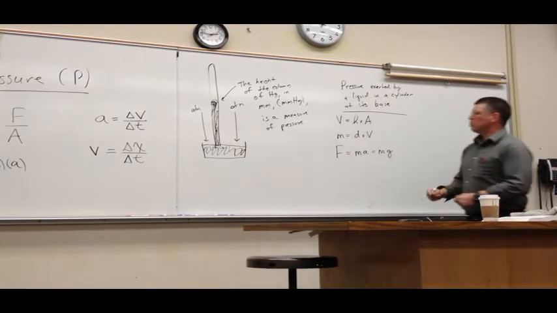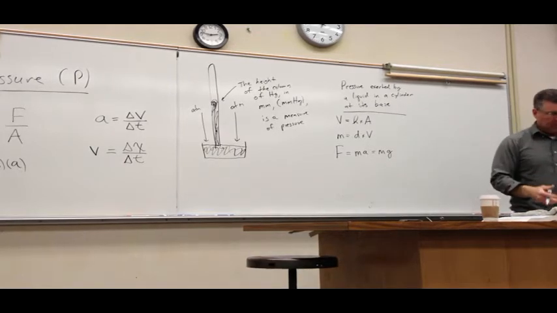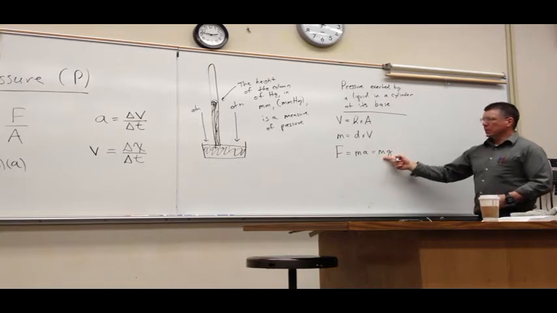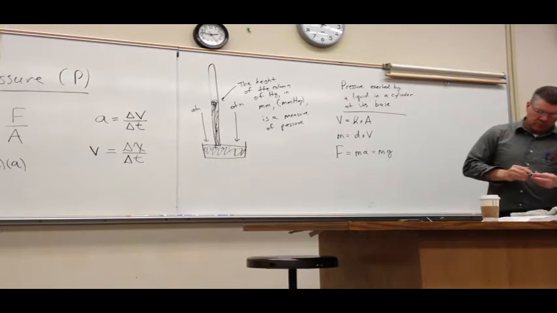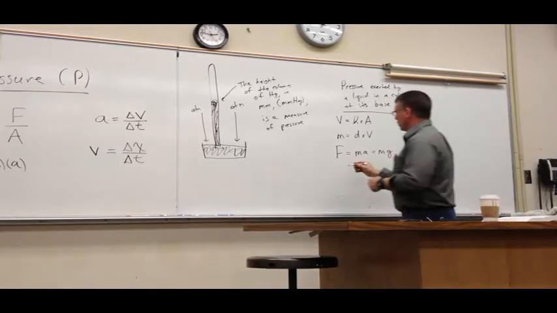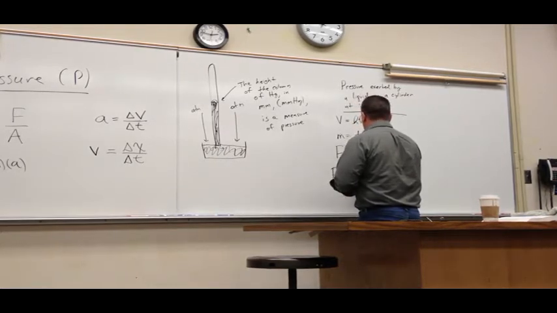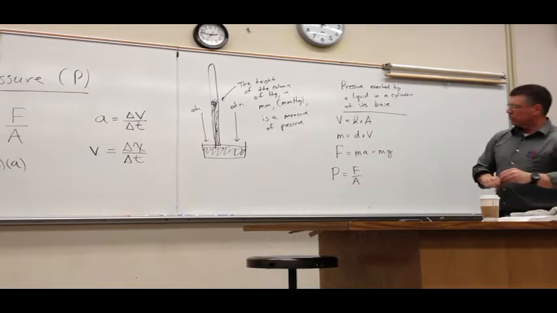The force applied by that liquid at the base of the cylinder is mass times acceleration. And here the acceleration is due to gravity, so it's mg, mass times acceleration due to gravity. Pressure at the base is the force over the area.